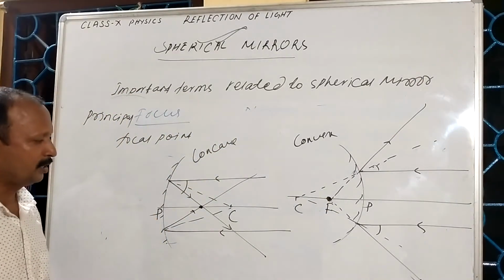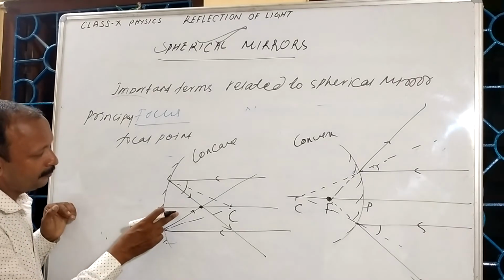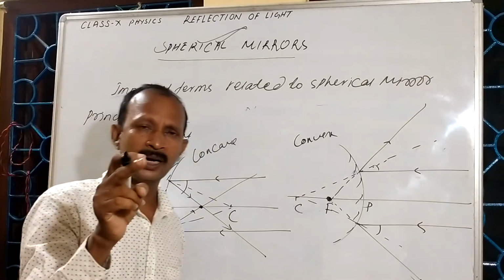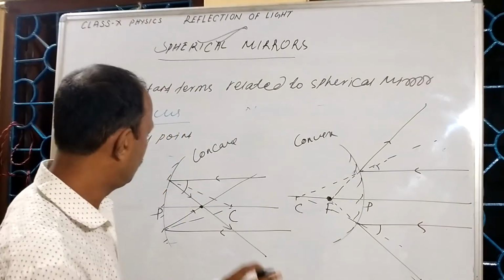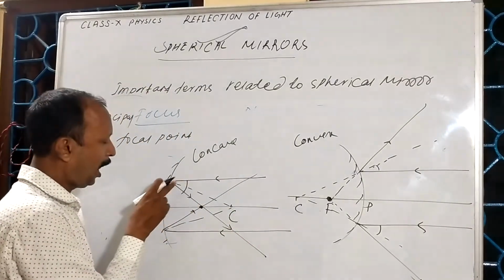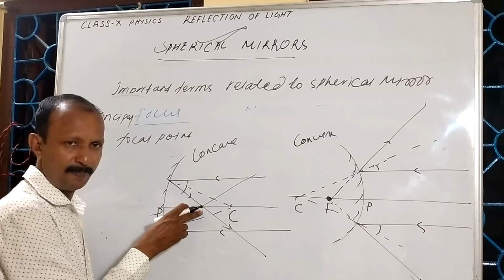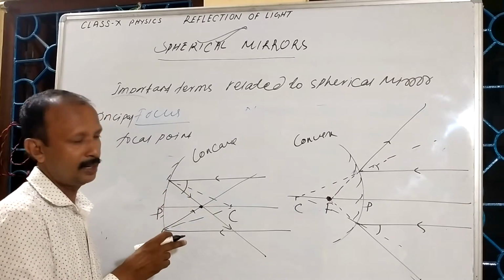Now you see both the figures. In this case, what is happening? The light rays that are close and parallel to the principal axis, after incidence, all reflect through a common point on the principal axis.